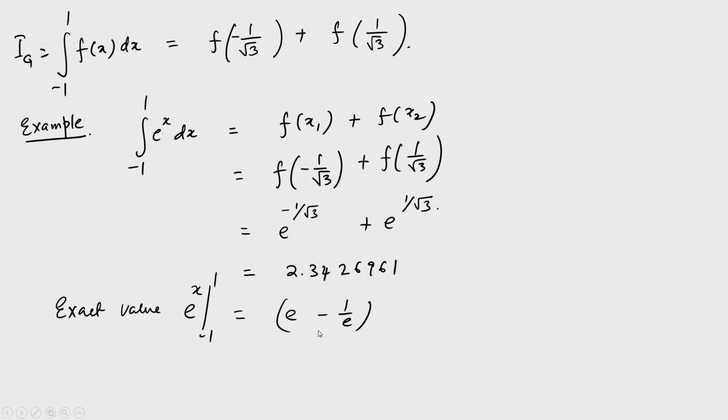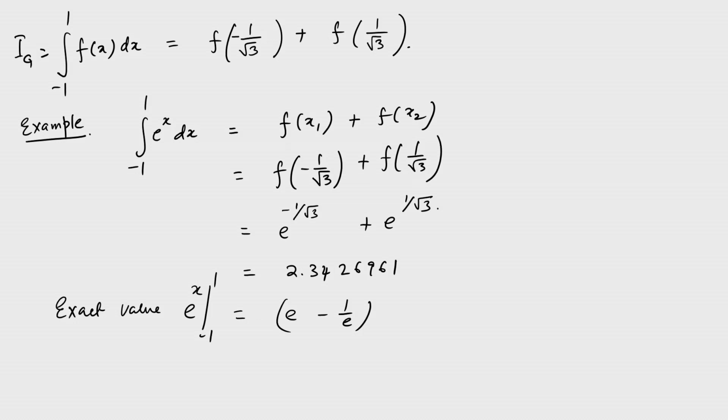And you can find out the error and see that the error is lesser than what you would have gotten using the trapezoidal rule by taking the values of the function at the end points. So, if you take it at f of 1 and f of minus 1, you would have had a value which is not as close to the exact value as this.